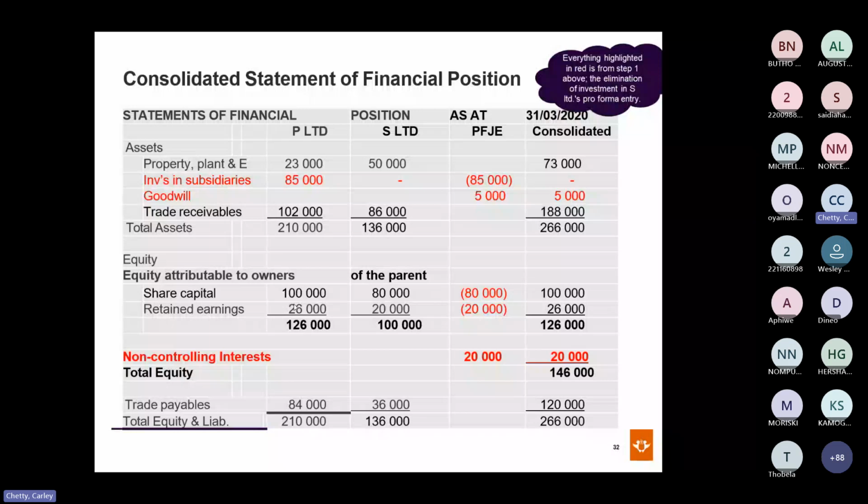Then we have retained earnings of 26,000 Rand in P Limited, 20,000 Rand in S Limited, minus 20,000 Rand in the pro forma journal entries. So we're going to say P 26,000 plus S 20,000 minus 20,000, and that will give us 26,000 Rand in the consolidated statement of financial position.